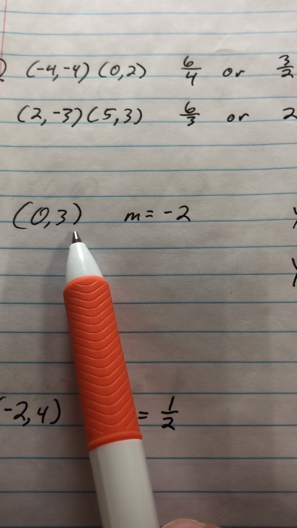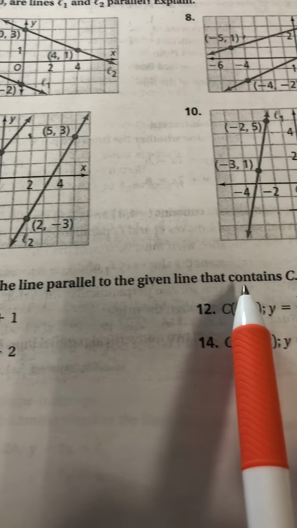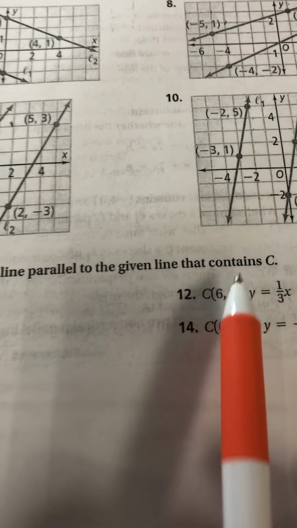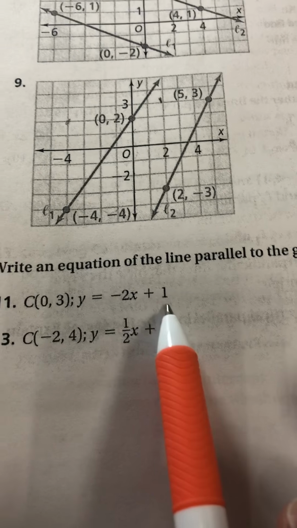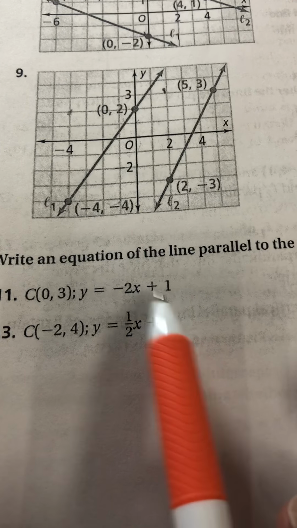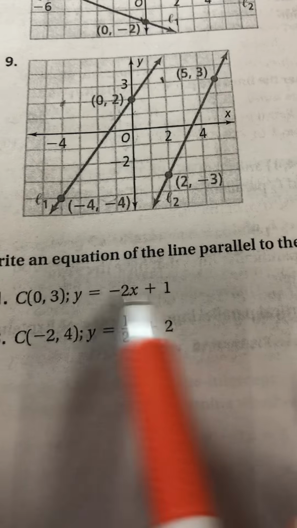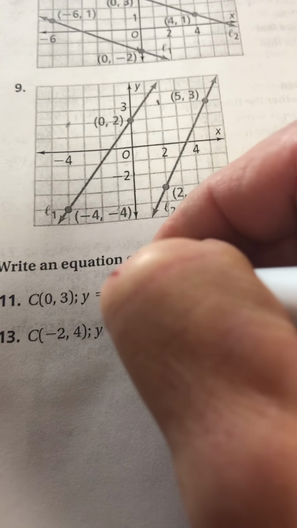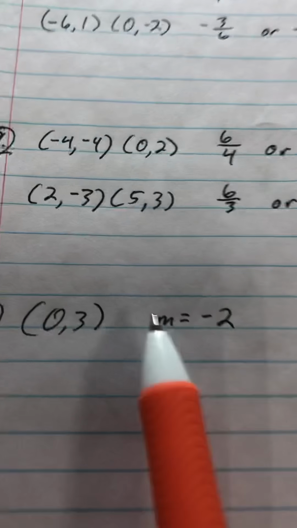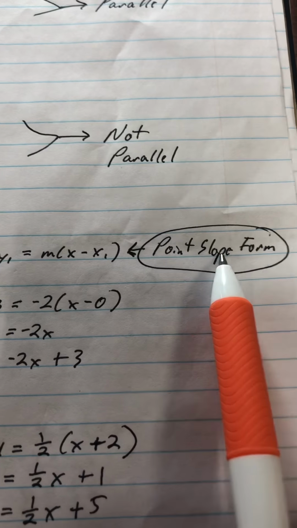Number 11, what we are to do is to write the equation of a line parallel to the given line that contains C. So here's the point, and here's this equation. We want to have an equation that is parallel to this that contains these points. So this is my slope. So basically, I just take that point and the slope, and I use point slope form.